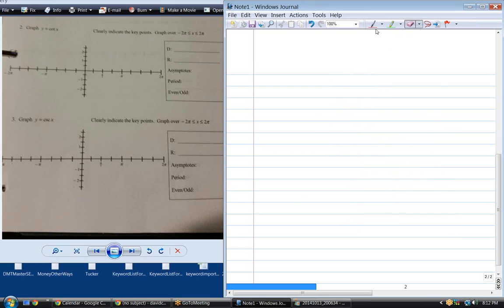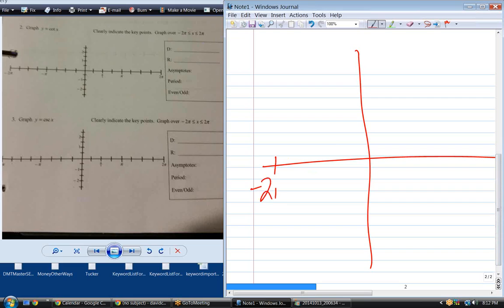All right, cotangent of x. How do I graph that? Cotangent of x from minus 2 pi to plus 2 pi. The cotangent will be going from... Start with the asymptotes.